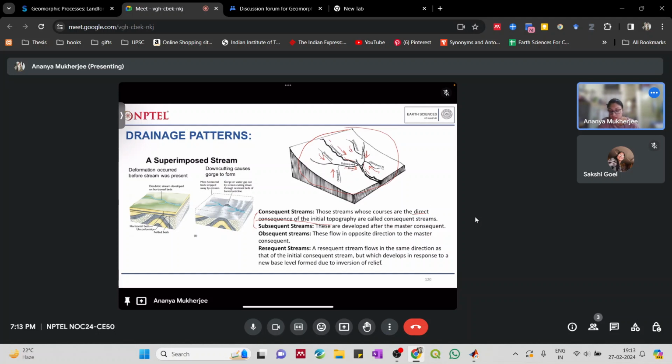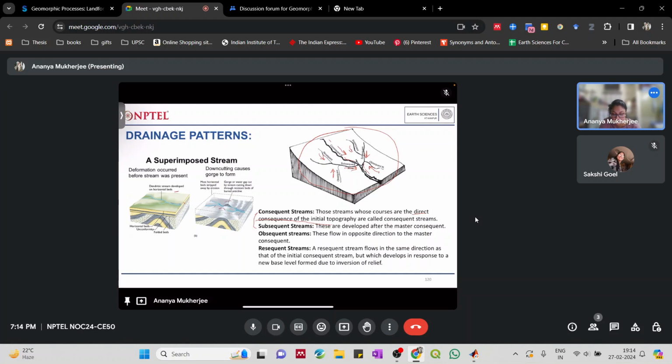Okay, and now we see a better diagram which can explain the superimposed stream. Before the stream was present, the deformation might have occurred, and the dendritic streams, or this is horizontal beds that are present over here, and this is the initial drainage pattern that is there. Now with time, the erosion has taken place, and this drainage pattern is still present over here.